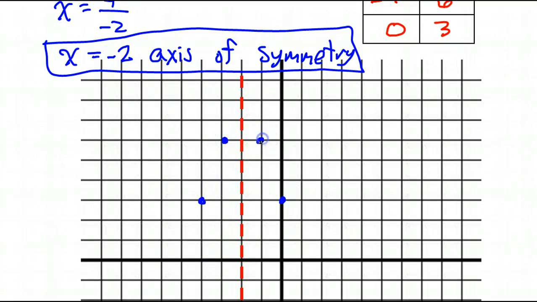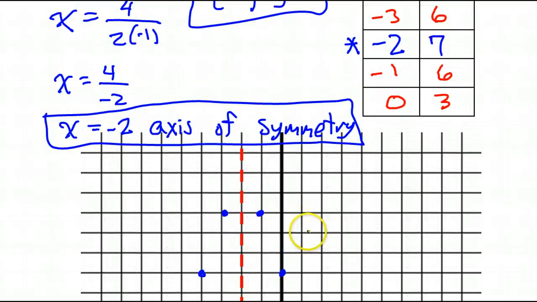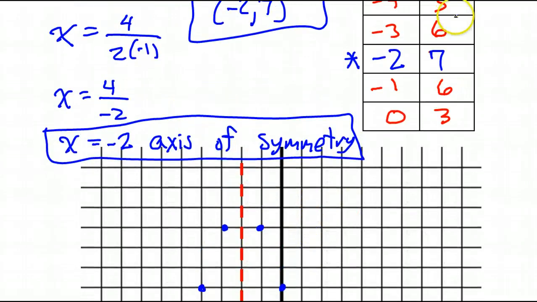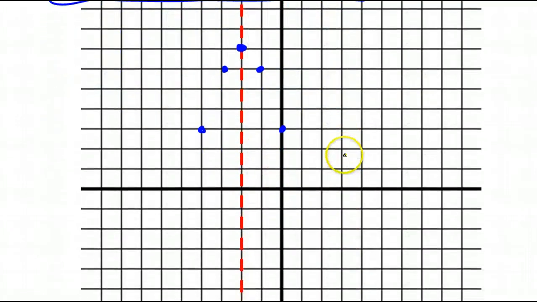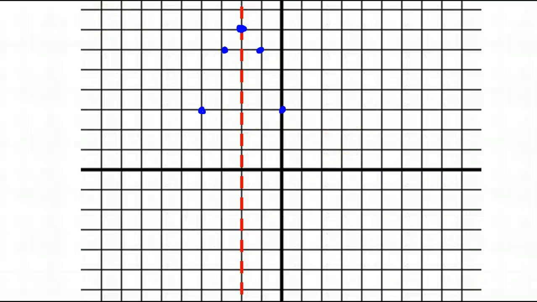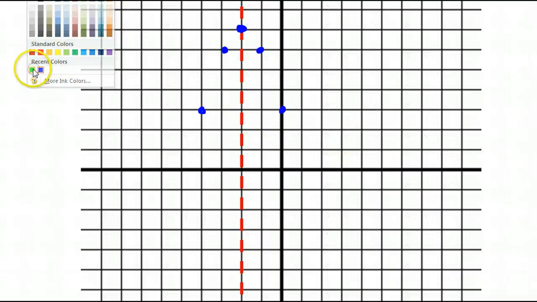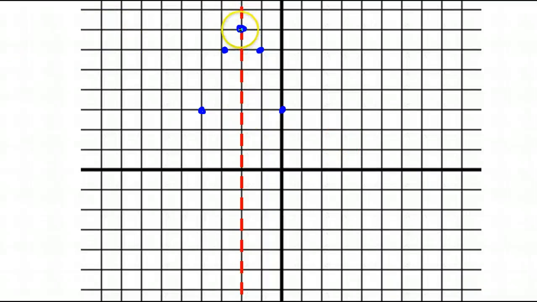Because of symmetry, we expect another one there. And then of course the vertex is -2, 7, so that would be right there. Let's just check those last two. We've got -1, 6, and 0, 3. So we're good. All we need to do is sketch the parabola, and we can call it a day.